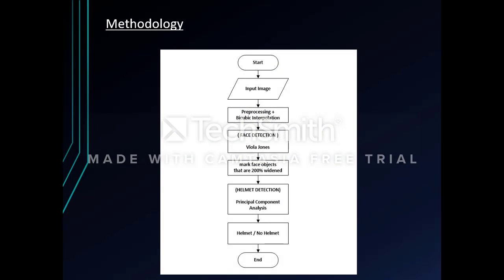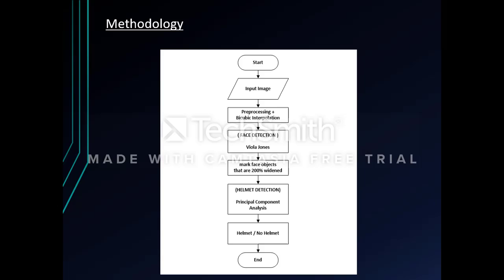Okay, this is the methodology. We start with the input image, then pre-processing plus bicubic interpolation, and then face detection using Viola-Jones, with the library in MATLAB, and then mark face objects that are widened to 200%, which we will elaborate on later.